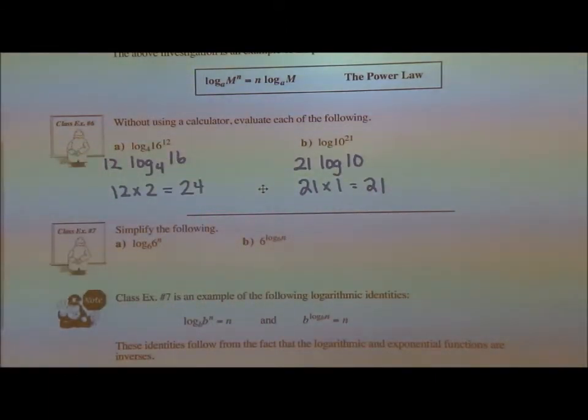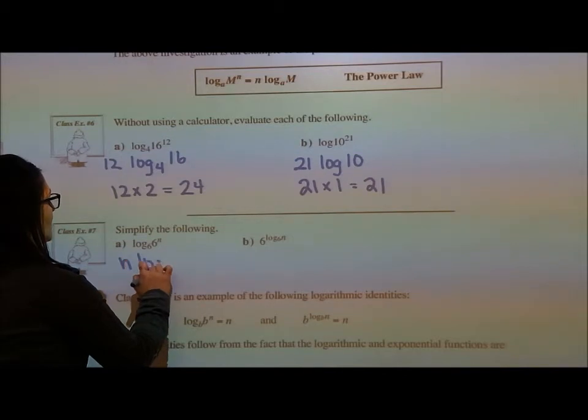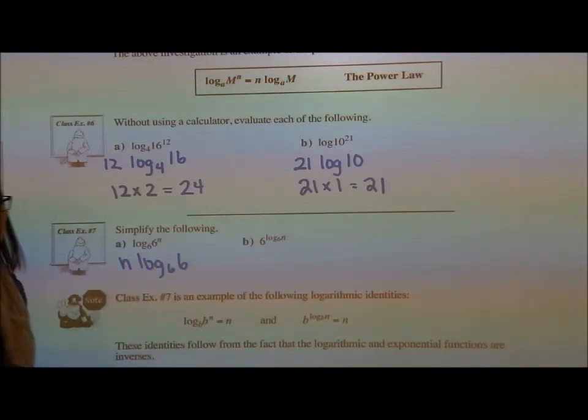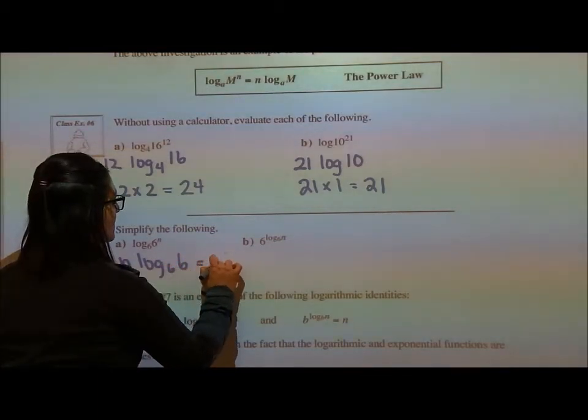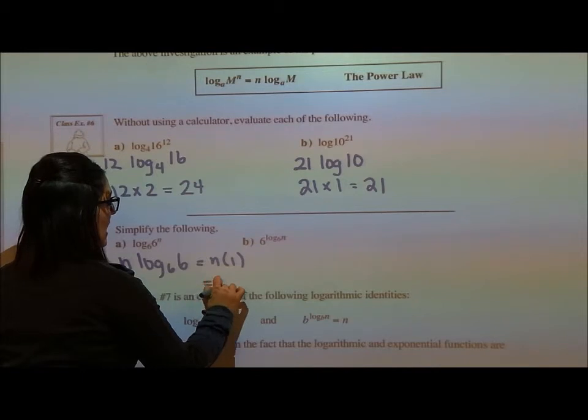Now the next one: log base 6 of 6 to the power of n. Where does the n go? Out in front. I get n times log base 6 of 6. And what is log base 6 of 6? 1. And n times 1 is n.